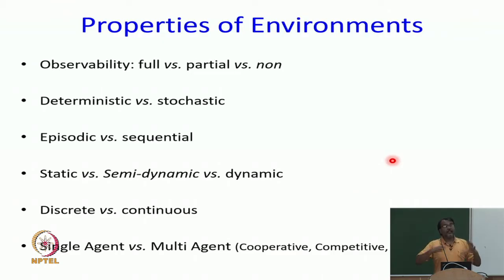Then the environment is deterministic or stochastic. Now, this is self explanatory. When I take an action, I know exactly what is going to happen, that is a deterministic world. When I take an action, different things can happen with different probabilities, that is a stochastic world. An example of a stochastic world is the robot trying to pick up this phone.